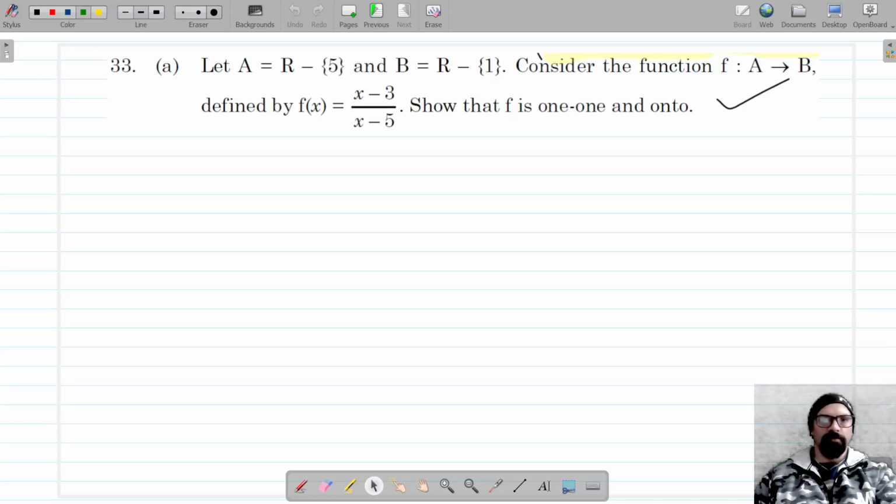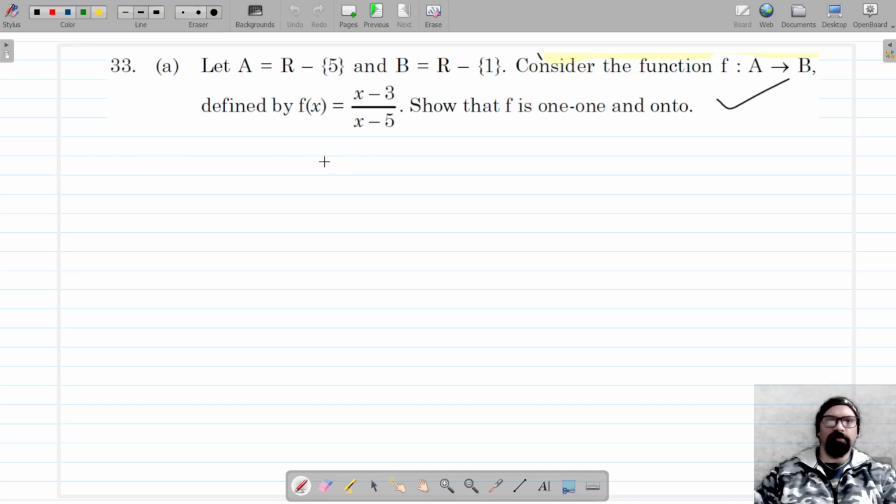Okay, for question number 33, part A, it's given that the function is defined from set A to B, and set A is all real numbers except 5, and B is the set of all real numbers except 1.